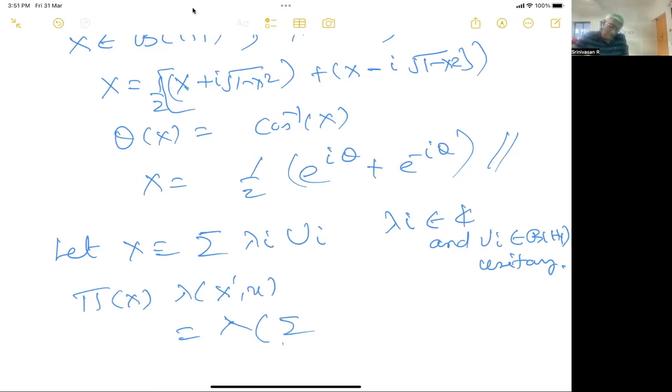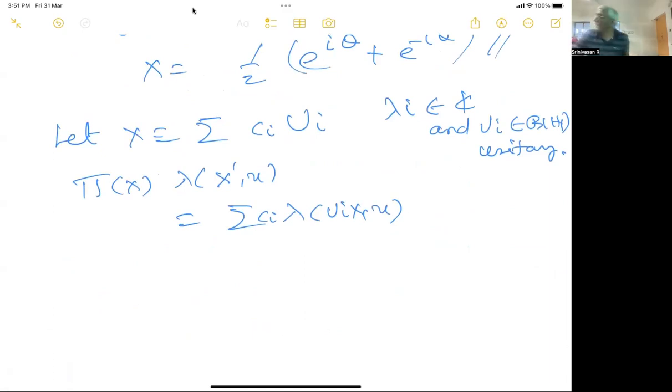The sum of C_i lambda of U_i x. Now first I have to see whether it is well defined.